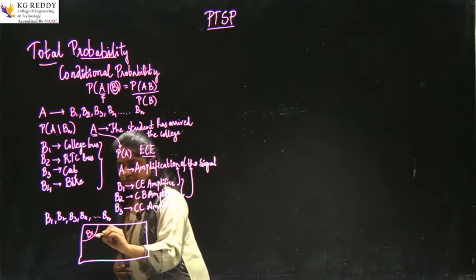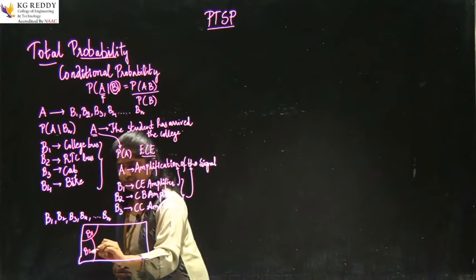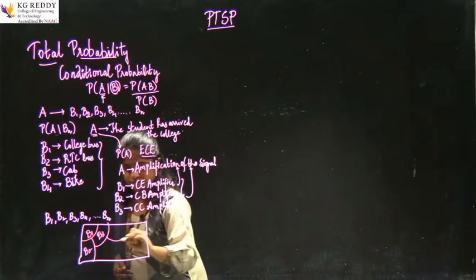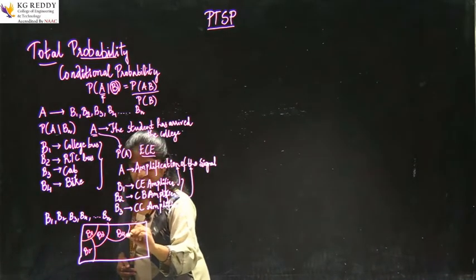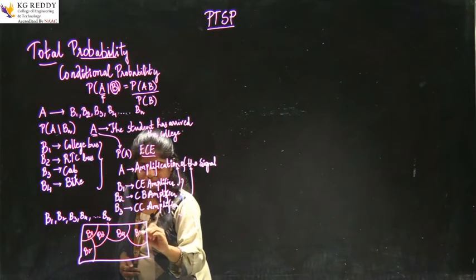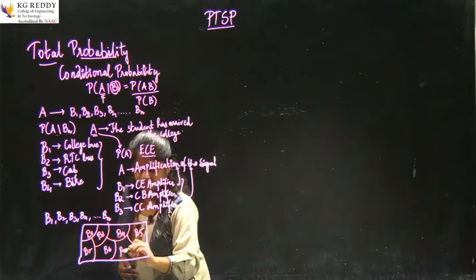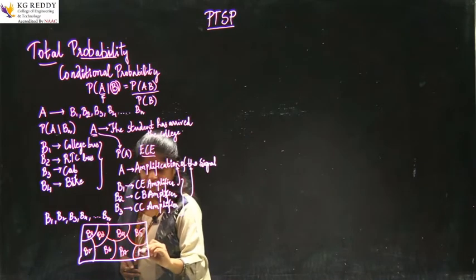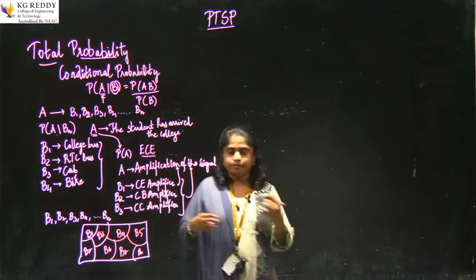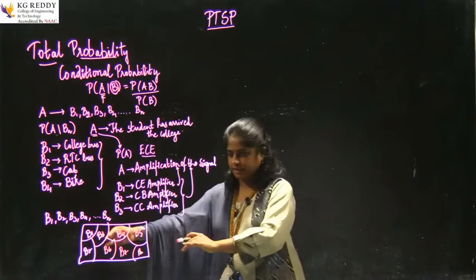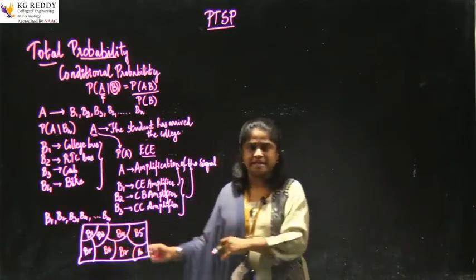Like this, I am just writing it on the sample space, representing all the events on a diagram, like on a complete sample space.